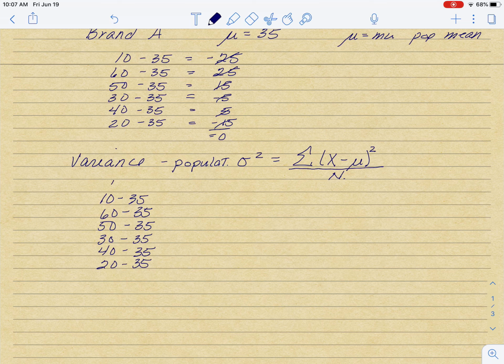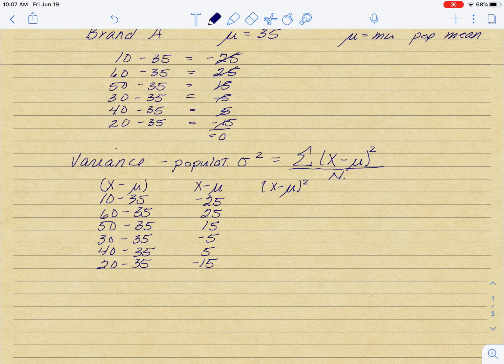So this is x minus mu. And so x minus mu is equal to negative 25, 25, 15, negative 5, 5, and negative 15. And now what we want to do is square those values.